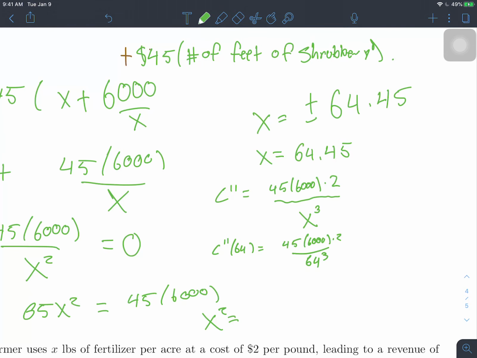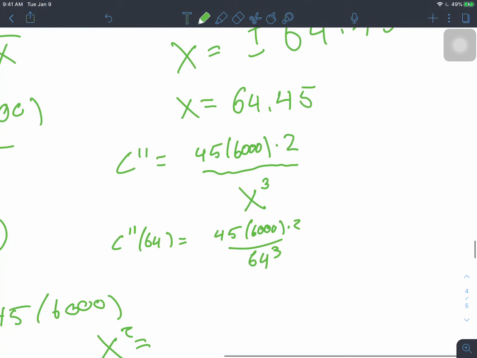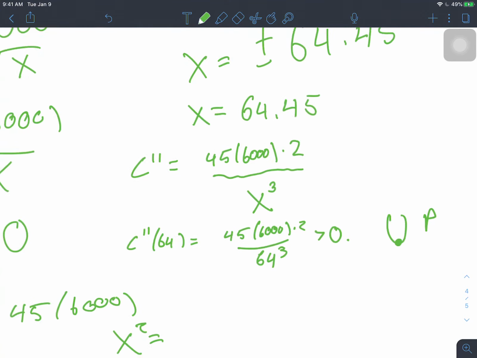Is that number larger than 0 or smaller than 0? It's larger than 0, which means we have concave up. For concave up at that point, and it's a critical point, then it's going to be a minimum. Okay.